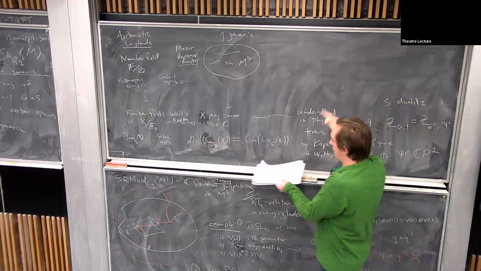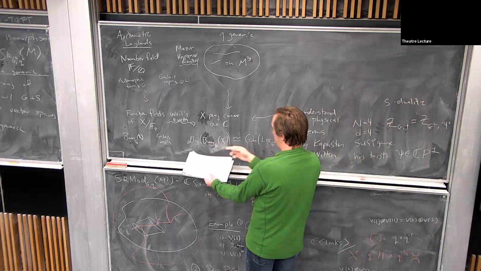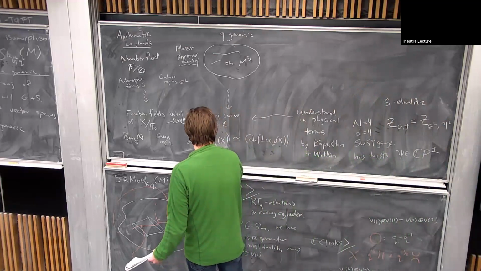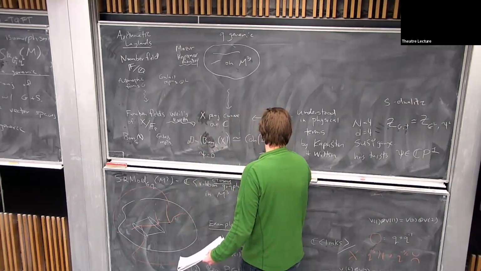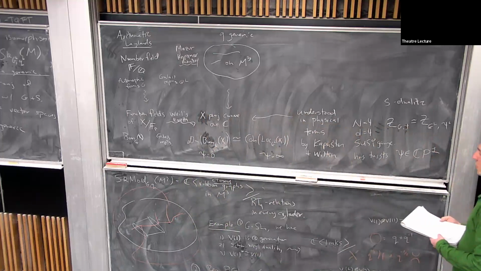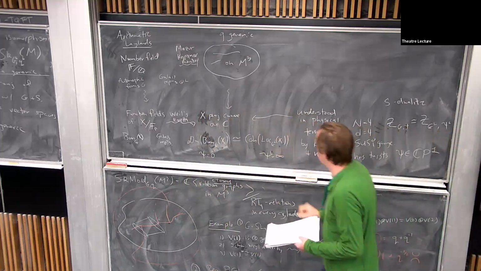And so unpacking that at the level of surfaces, they were able to see that you have these two theories. This is when psi equals 0, and this is when psi equals infinity. Well, G check is at infinity.